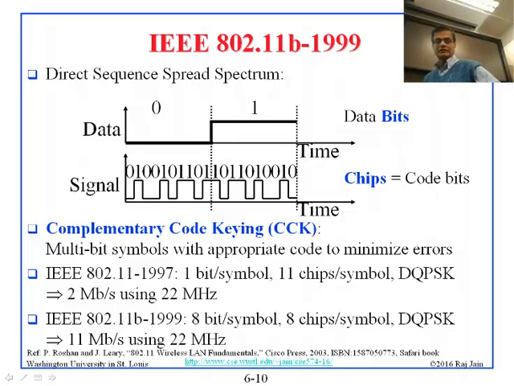Okay, so let's do this one more time. 22 megahertz gives you 44 mega chips, divided by 11 should give you 4 megabits per second. I'm missing a factor of 2 somewhere.